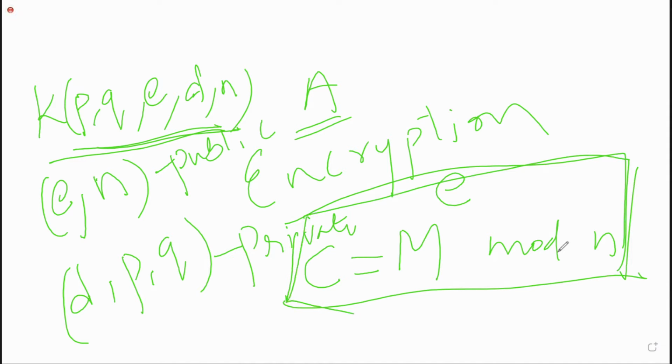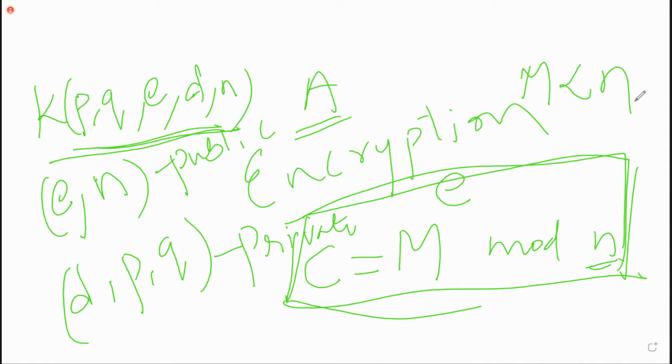So C is equal to M power E mod n, where the sender always has to select the message M such that M is less than N. So the receiver has to select large prime numbers, so that the product of the prime numbers will be much larger compared to the plain text.